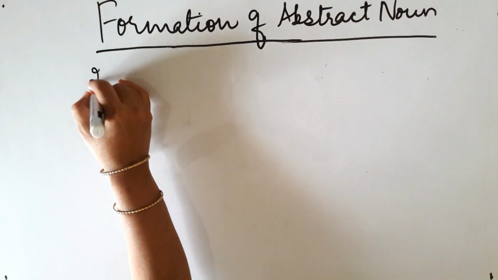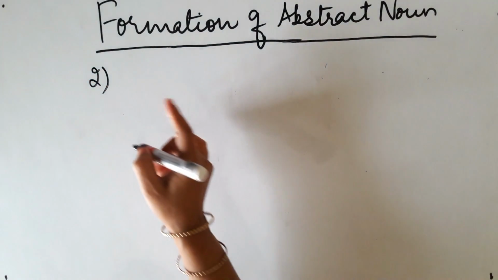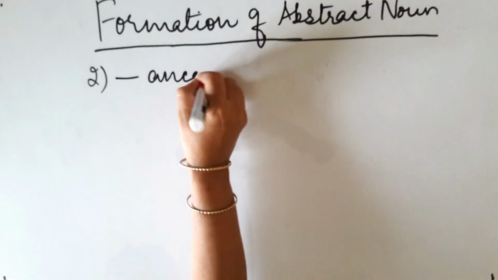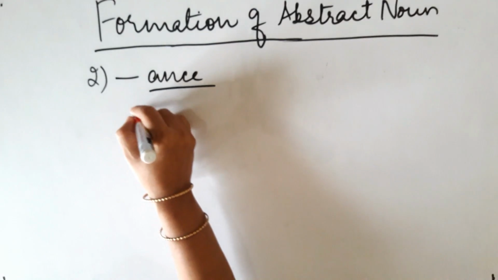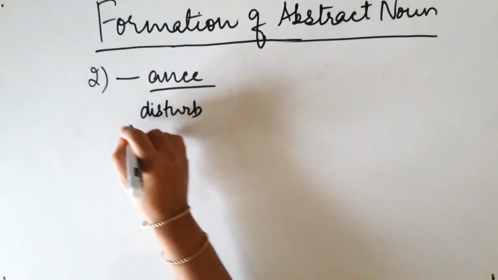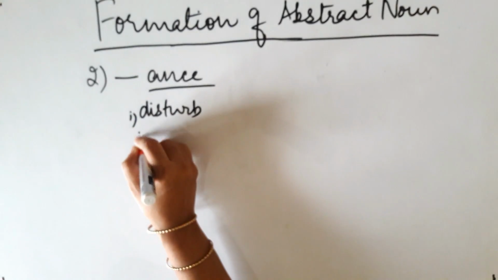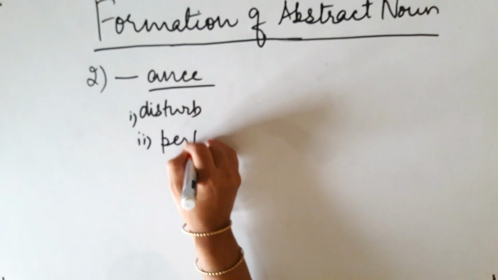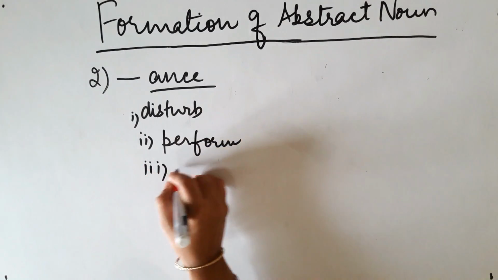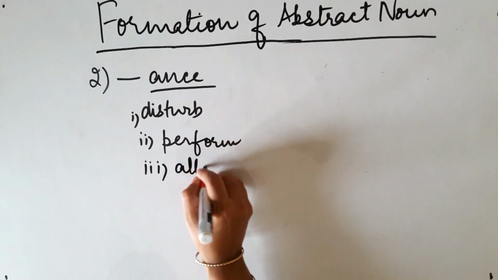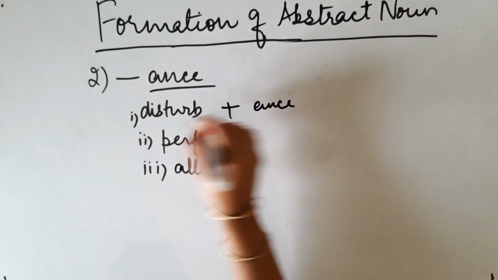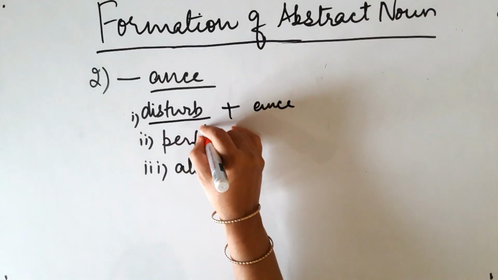Another way of changing verbs into noun is by adding ance to the verb. Here we will take words like disturb, perform, allow. So if we add ance, this disturb is a verb.